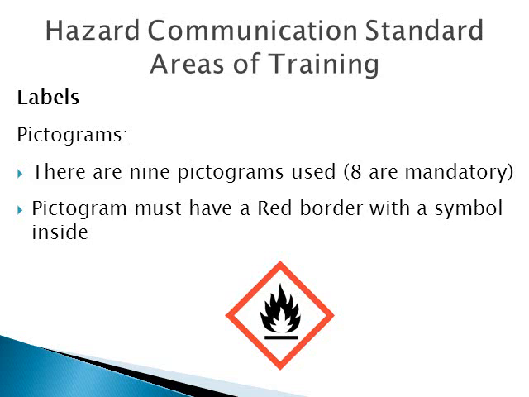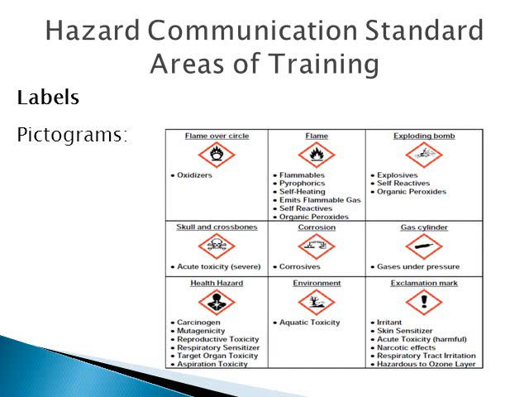The next several slides detail the 9 pictograms that will be used as a part of the Hazard Communication Standard. The pictograms will be identified with a red border and a symbol on the inside, named after the specific hazards that are characteristic to the chemical and somewhat self-explanatory.